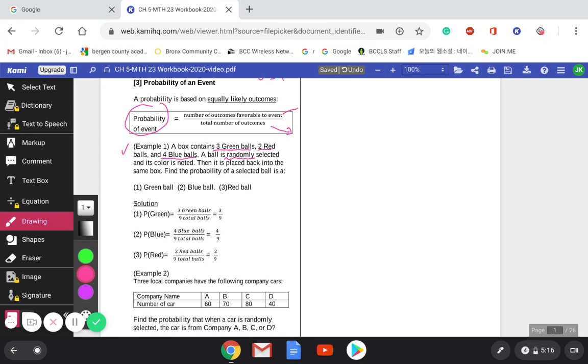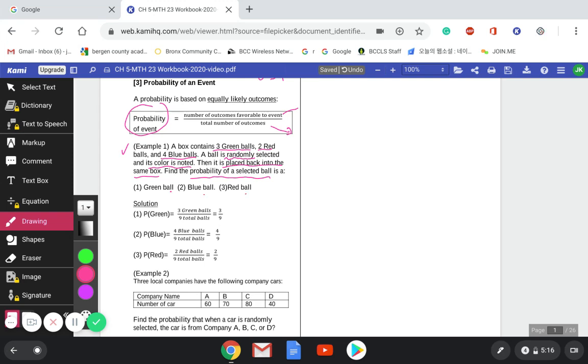And if the color is noted, then it is placed back into the same box after you finish. If that's the case, find the probability of the selected ball being green for number 1, blue for number 2, and red for number 3.